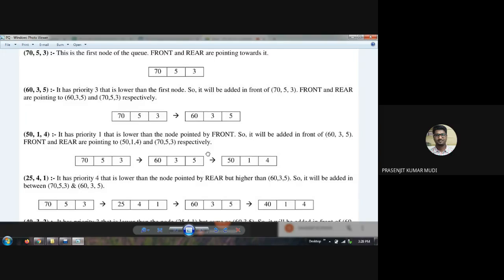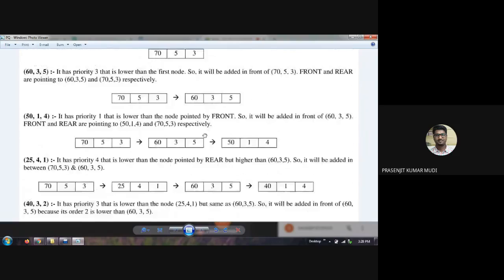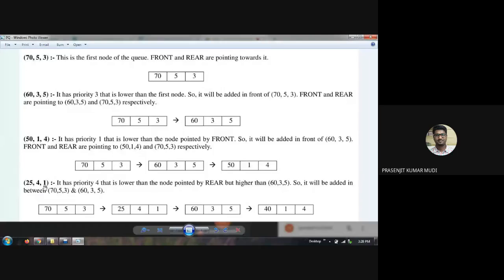Okay. Next, 25, 4, 1. It has the priority 4 that is lower than 5, which is pointed by rear, but higher than the priority number 3.